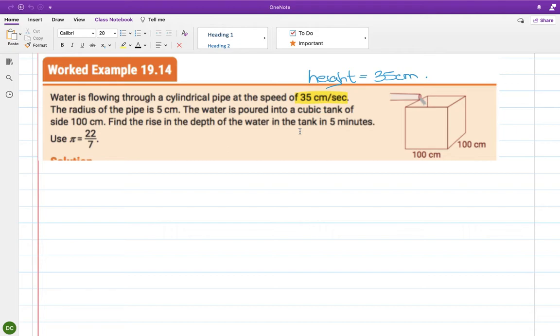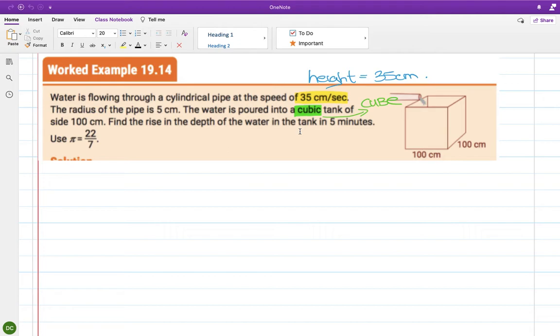Okay, so cubic, so that means it's a cube. Yeah, so if it's got a side 100, that means it's length 100, width 100, height 100, okay, because it's a cube. Find the rise in the depth of water in the tank in 5 minutes.